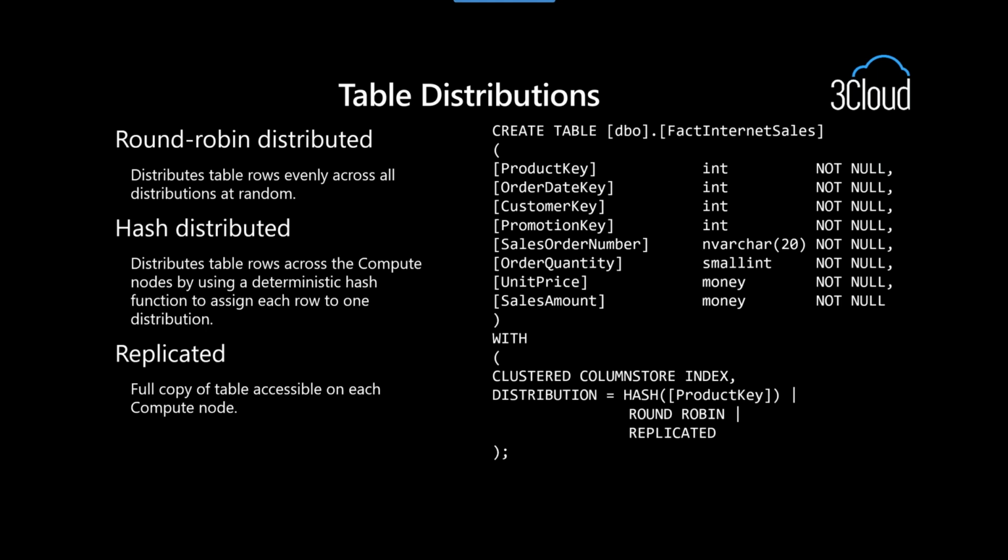Hash distribution basically lets you use a key to divide the data and shard it across all those distributions. And then replicated makes a full copy. If you're joining a small lookup table, you're going to want it close to the data. You're not going to want to have it distributed across all those nodes. So that's kind of what the idea is there.